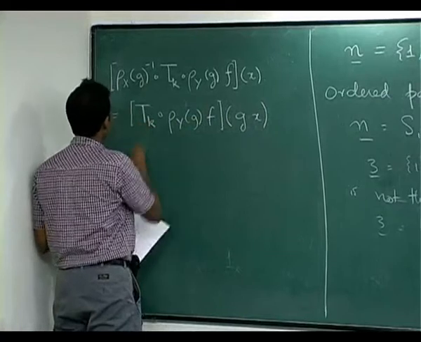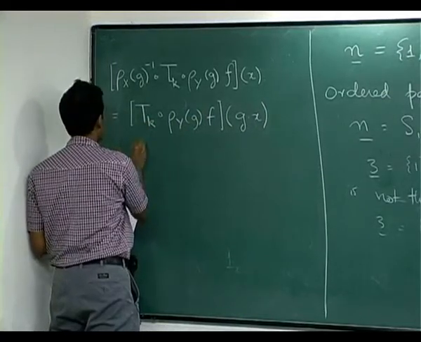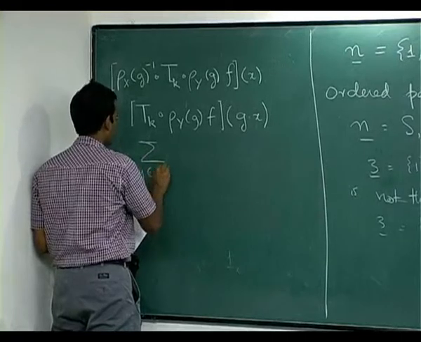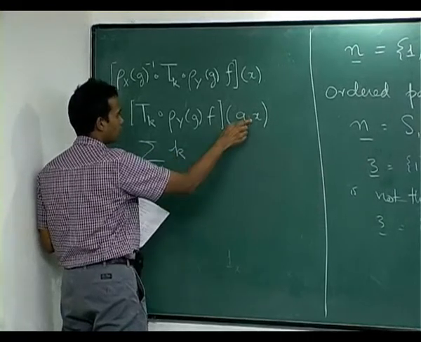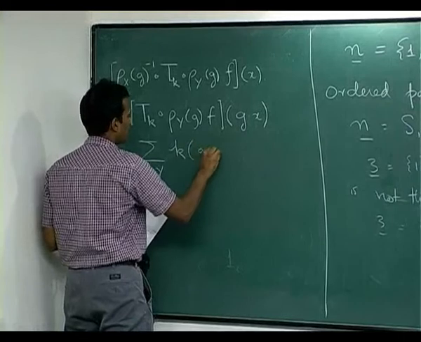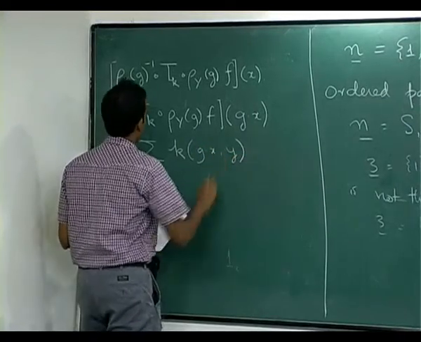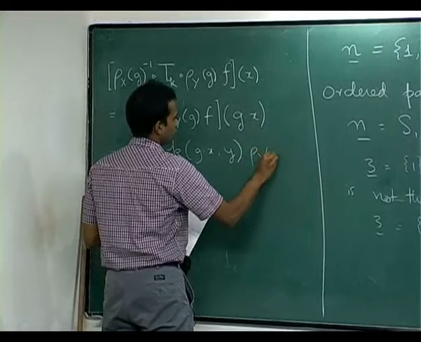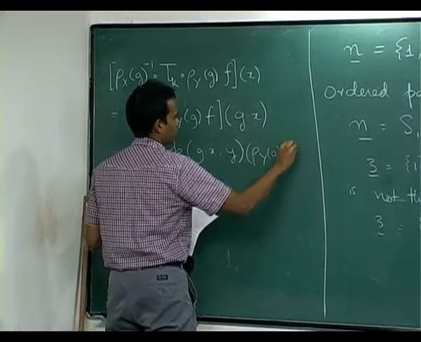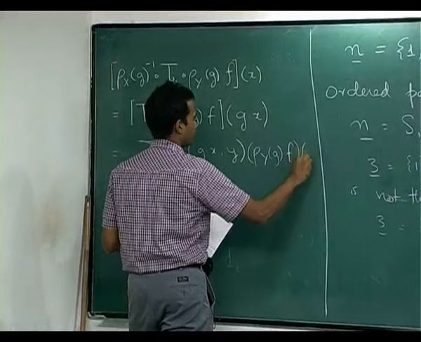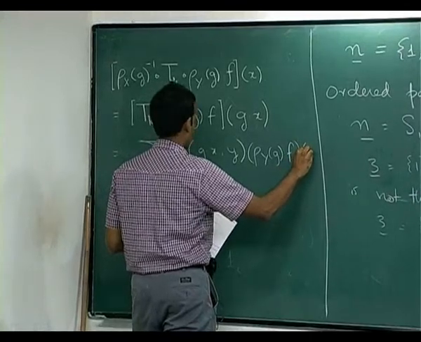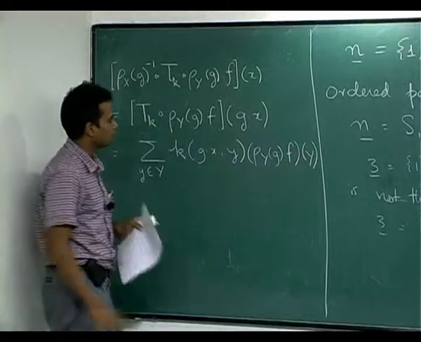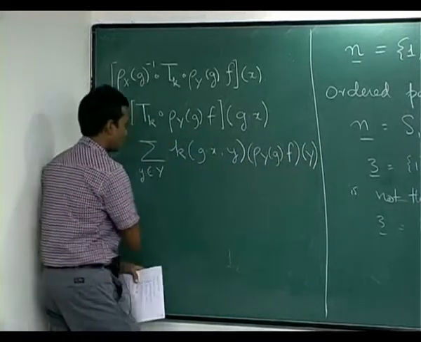Then we need to put in the t_k bit, so that by definition is summation over y in Y of k, now the argument is g dot x, so we put k(g dot x, y), and then rho_Y(g) f of y. So now we just sort out that bit.